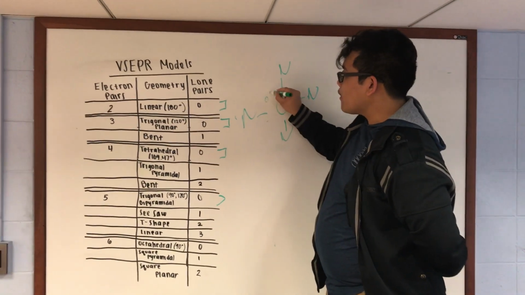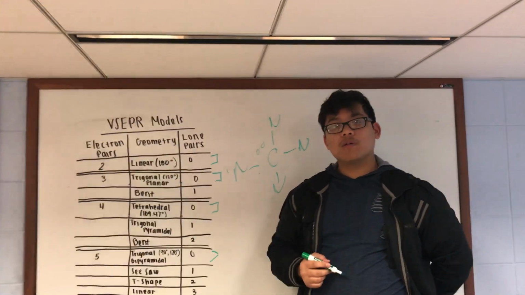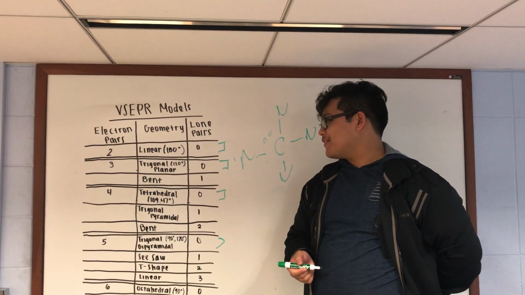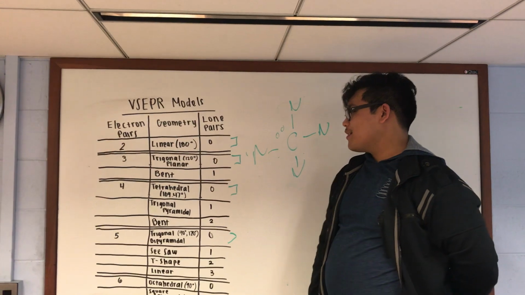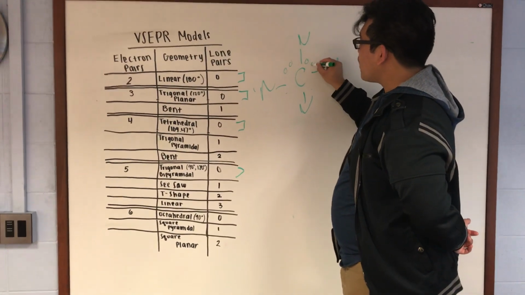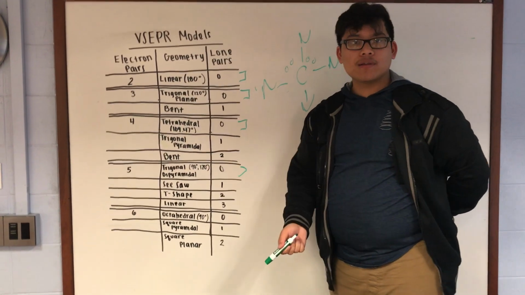We're going to add a lone pair. So now it's tetrahedral, trigonal bipyramidal. No, just trigonal pyramidal. There's no bi in front of it. Yeah, trigonal pyramidal. You know what I mean. You can read. And if you add another lone pair, it's going to be called tetrahedral bent.